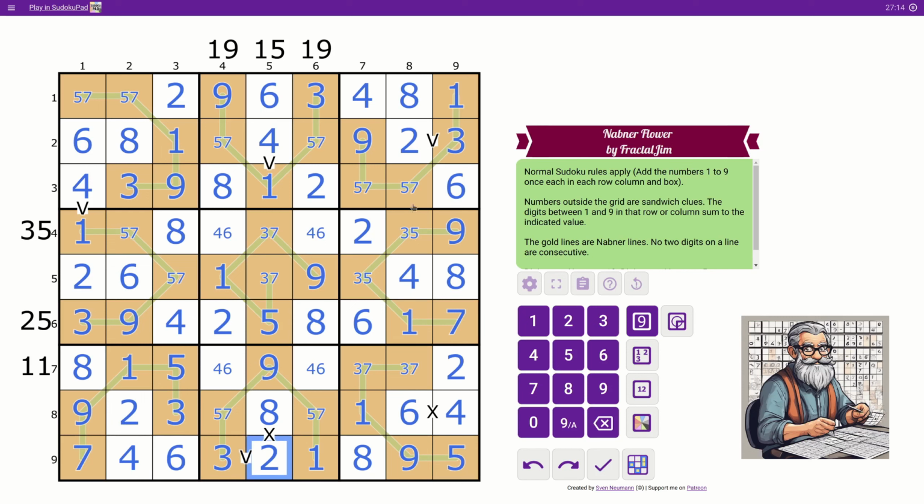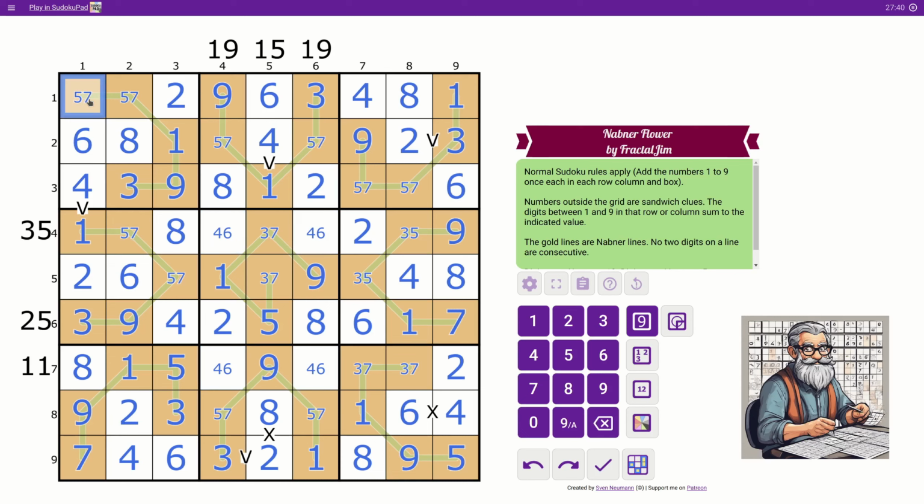Right, so we still have this. It has to be resolved by the 5, 7, I guess. How's this going to resolve itself? How is that going to resolve itself? Did I break the puzzle?